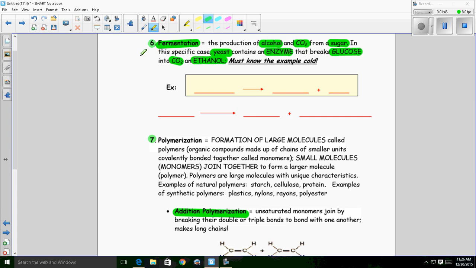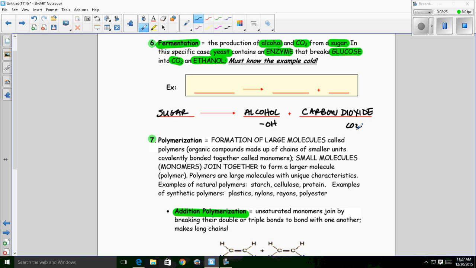All right, so let's take a look at the formula that's involved here. Like we said, we start with just the basic sugar, glucose, sucrose, whatever it may be. And because of the enzyme, yeast, that's involved, what's produced is an alcohol, which is going to be represented with an OH chain attached to it, and of course, carbon dioxide, CO2.